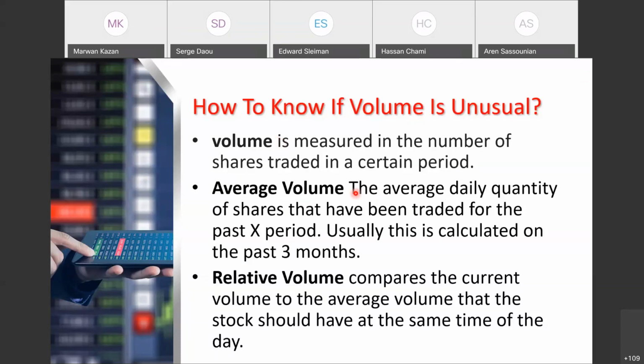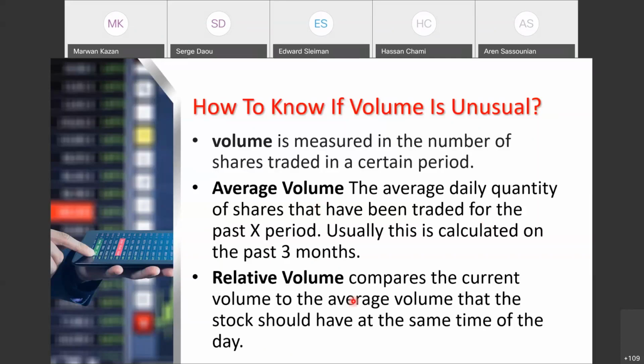The average volume is usually the average of the daily volume over the past 3 months. So if today's volume is greater than the average, you know that today we have a big volume. If the volume today is below the average, you know that it is not very big.